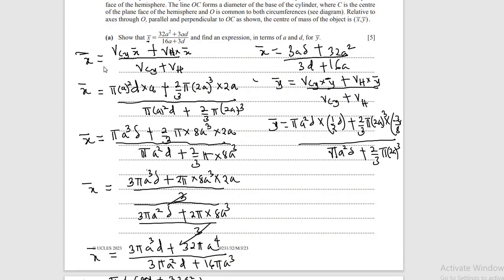By the time you factorize this, you're going to arrive at something like 3 into bracket d squared minus 8a squared over 2 into bracket 16a plus 3d. Don't forget, this is minus 3/8. If you simplify, you're going to get this.